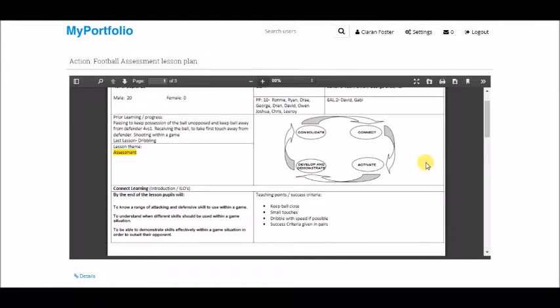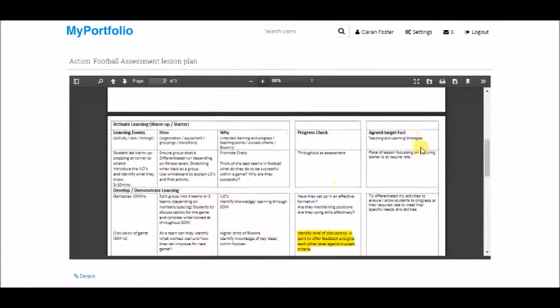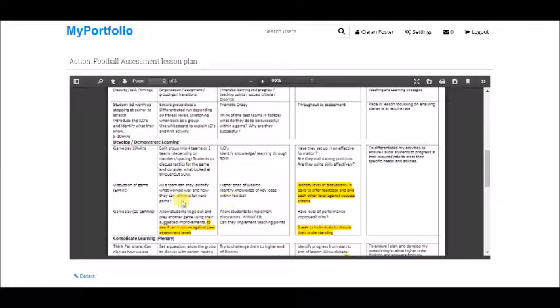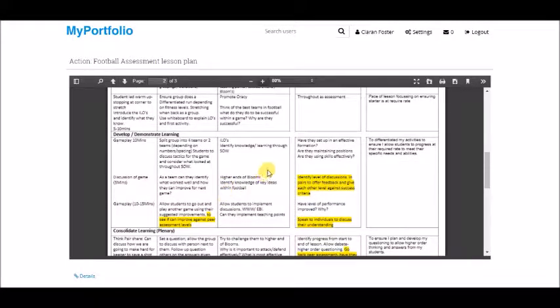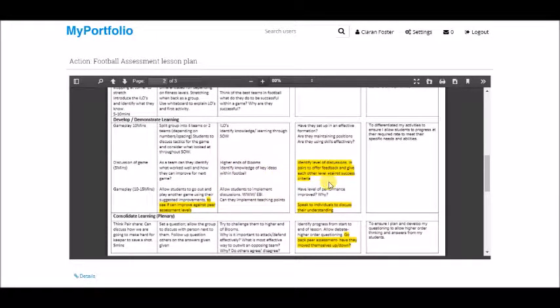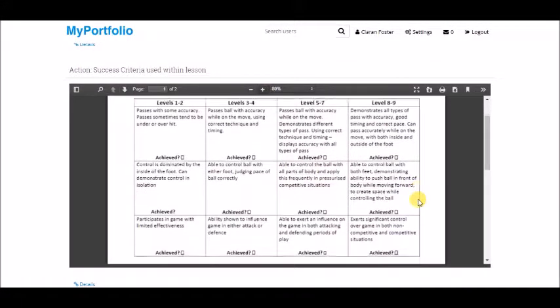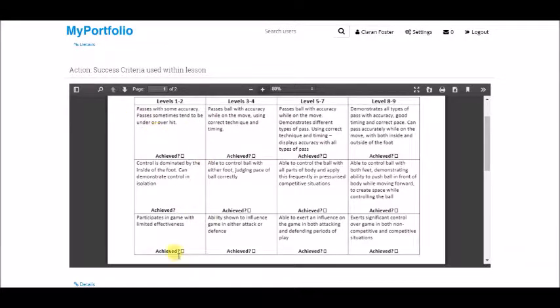Within this assessment lesson, I left it as a game-based lesson, and throughout that I allowed a lot of peer assessment. They had a success criteria, and the students were going to place themselves and a partner against it.